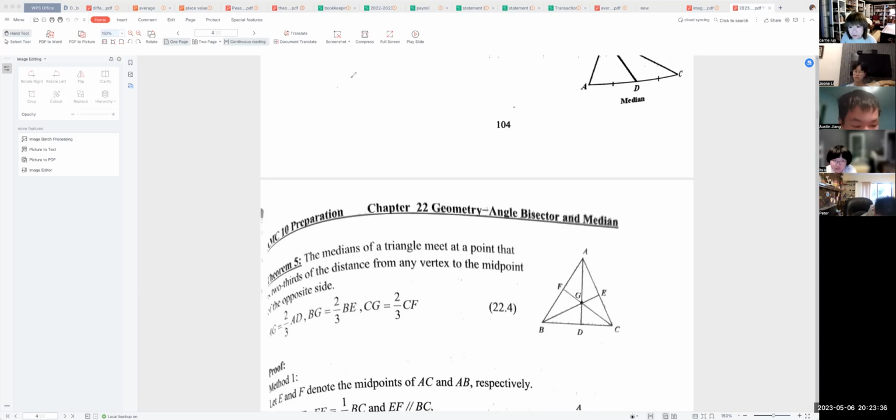那外包圆是哪？外包圆是这个。我们现在说的是这个 median of the triangle，所以说这两条是相等的。Okay, everybody, this is very important.